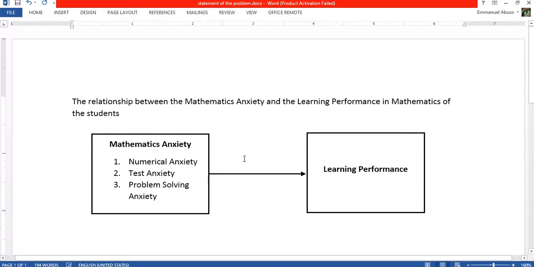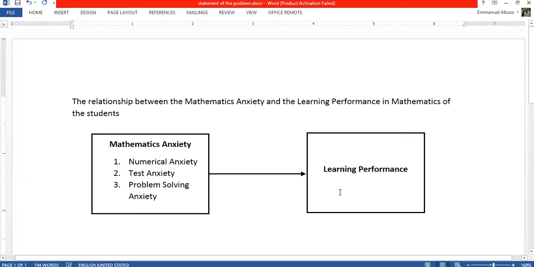The independent variable is the mathematics anxiety, consisting of three indicators. These indicators are numerical anxiety, test anxiety, and problem-solving anxiety. On the right side, I have my dependent variable, which is the learning performance.